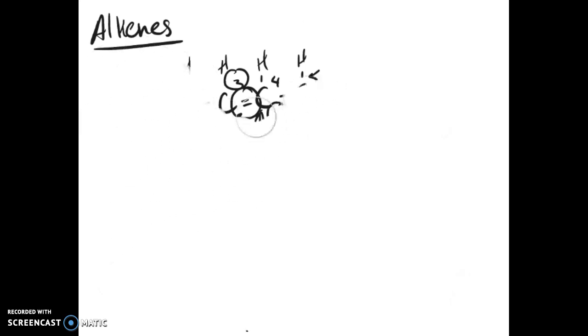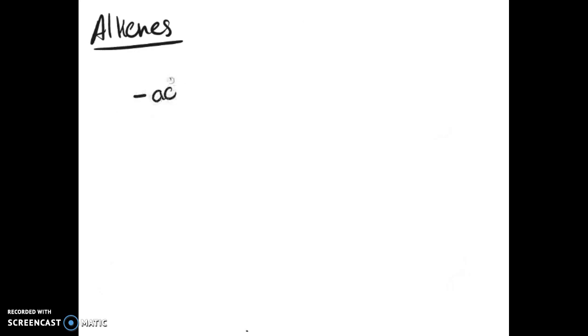The endings to know for if there's more than 1 double bond are things like diene, triene, and so forth, using the same numerical prefixes that we have been using for a couple of chapters.